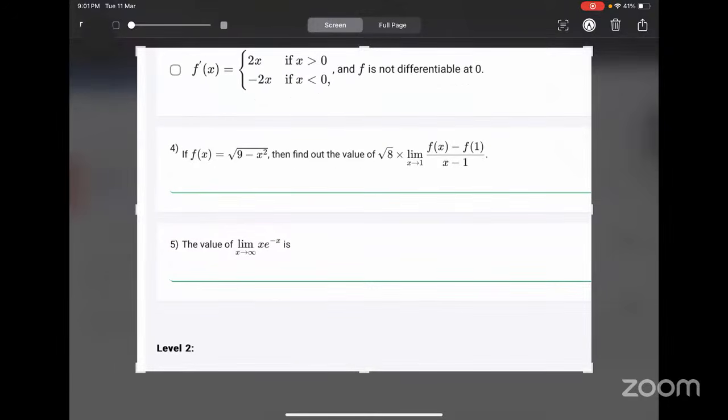You know L'Hopital rule, right? Is there anyone who doesn't know this L'Hopital rule?